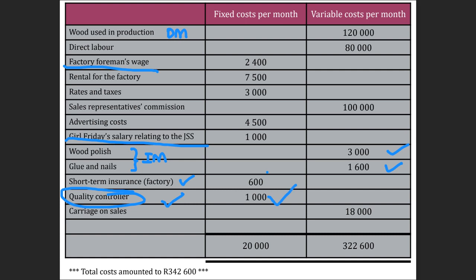And the last one is carriage on sales. Carriage on sales depends on the level of production. Remember, carriage falls under the category of costs involved in delivering a product to a customer. A lot of the time, if you have items that are being exported or sent to a different location within the same country, you have carriage fees that are being incurred.